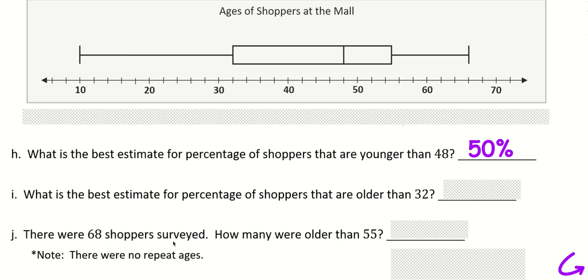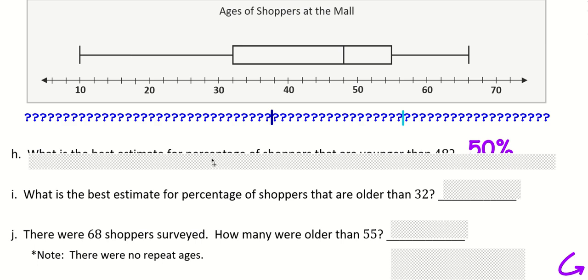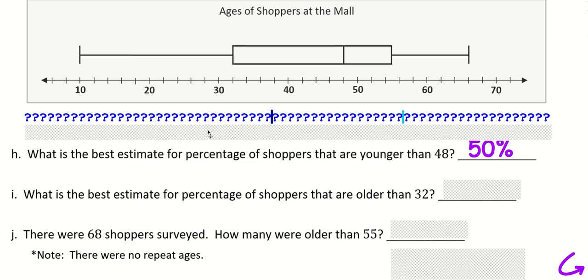Now again, I don't want to muddy the water too much explaining this answer, but down here we end up revealing that there were exactly 68 people surveyed, and that there were no repeats. So all that really matters here is we can say that it's exactly 50% that ended up being younger than 48.